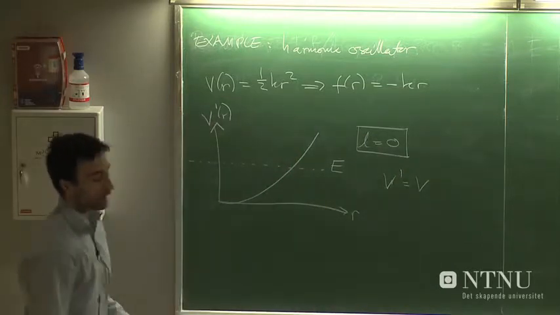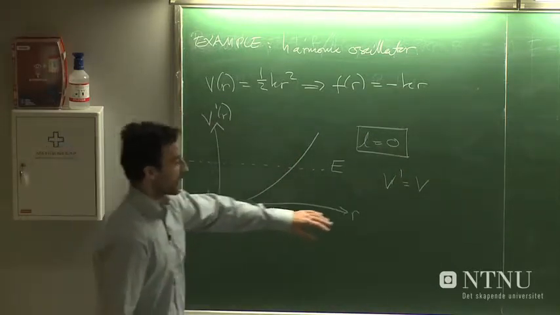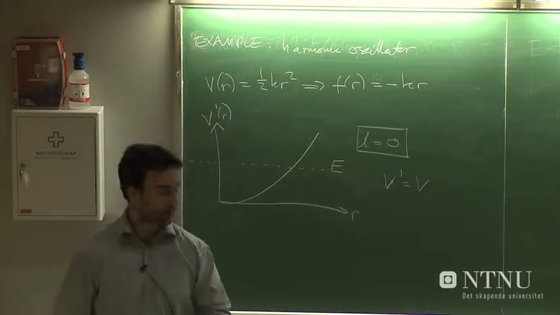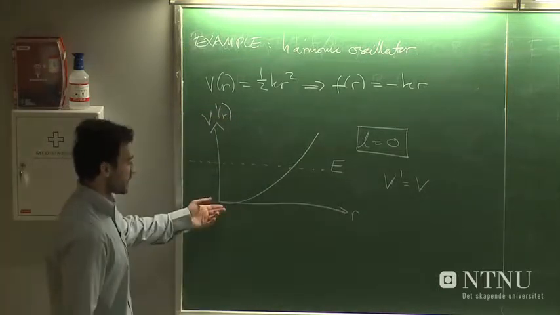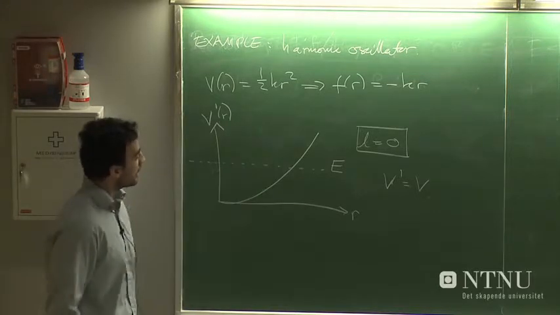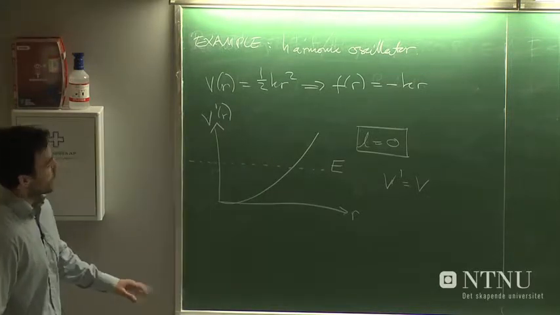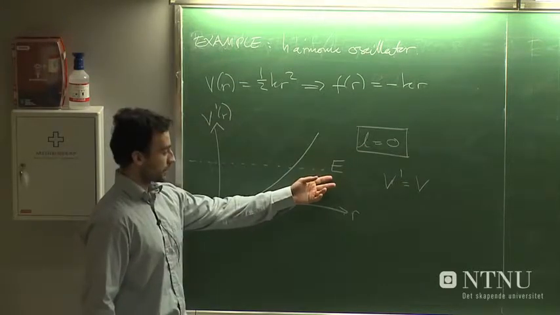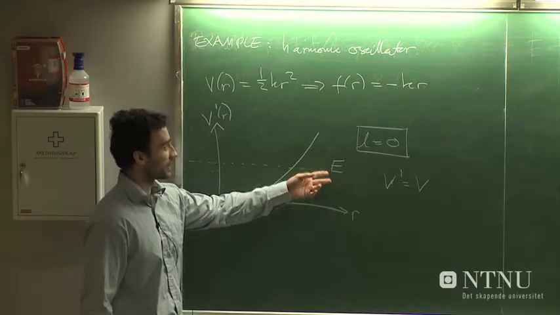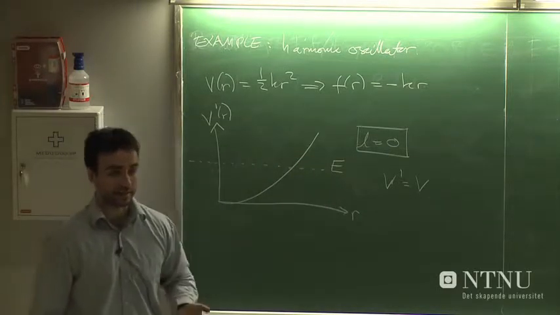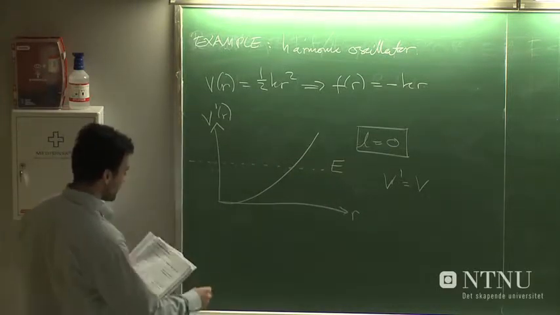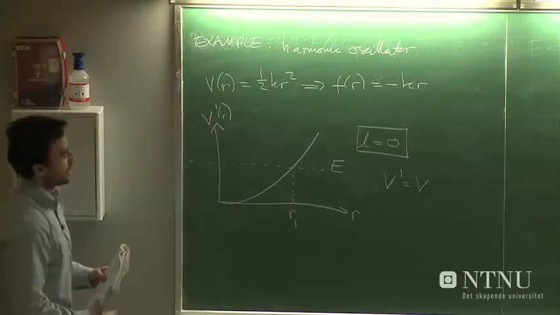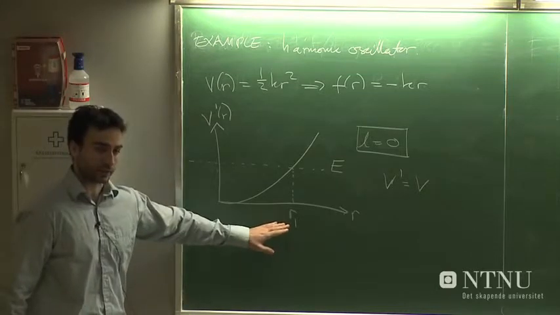If the angular momentum is 0, V prime is equal to V, since the centrifugal term vanishes. And the potential energy looks something like this, which then implies that if the particle has an energy E, which now has to be positive, since the minimum of the potential energy is 0, we see that we have one turning point here, R1.